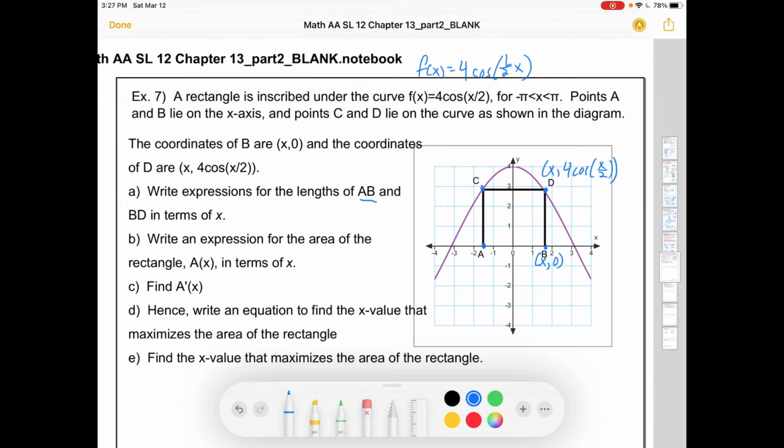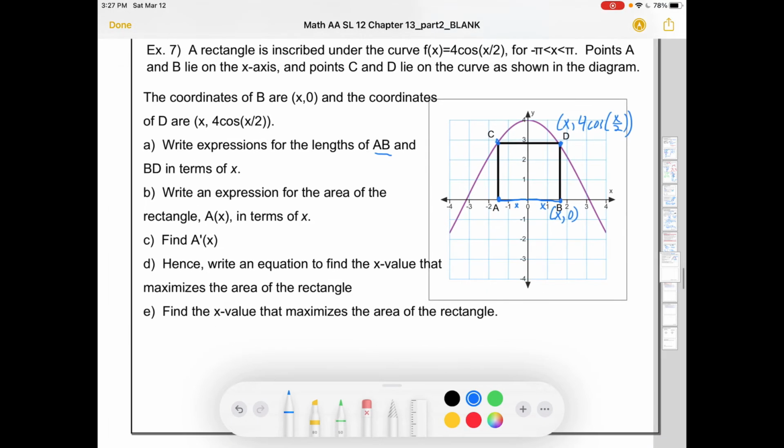So from A to B, this length here is x. This length here is going to be another x. So AB has a length of 2x. And we're supposed to find a length for BD. So BD is right here.